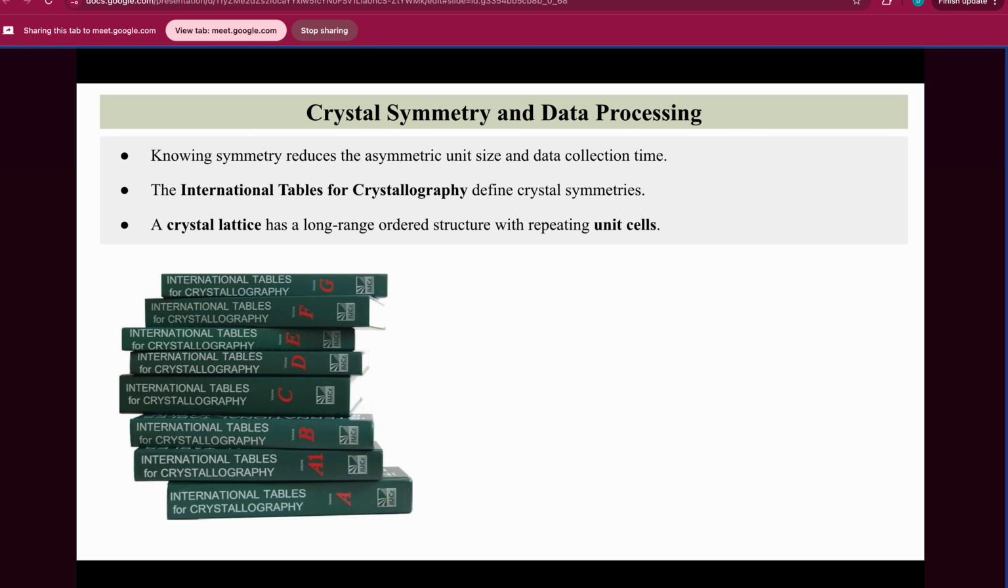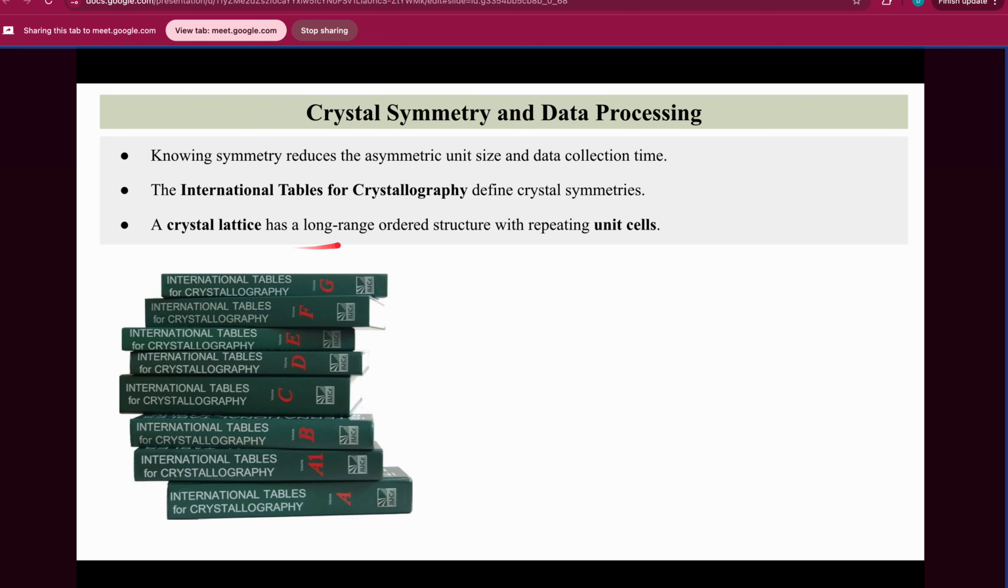So you do not have to go through a high level of calculations. You will know what rotations you need to perform. In that way, if you know the asymmetric unit, you can save your time and effort as well. Now, there is the International Tables for Crystallography, which define the crystal symmetries.